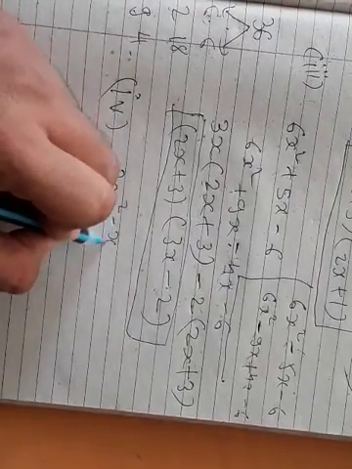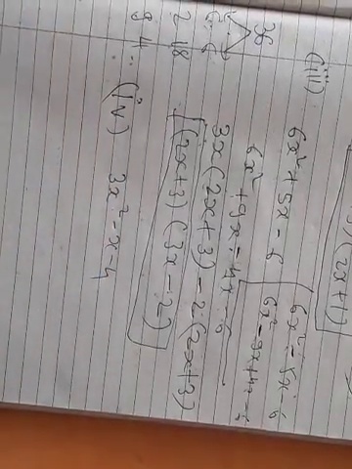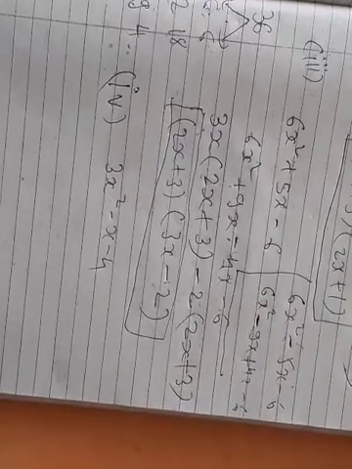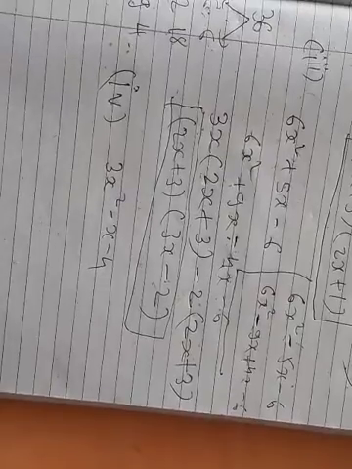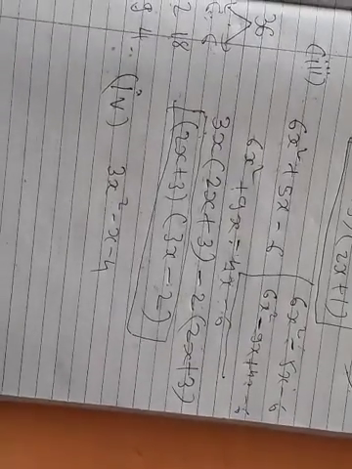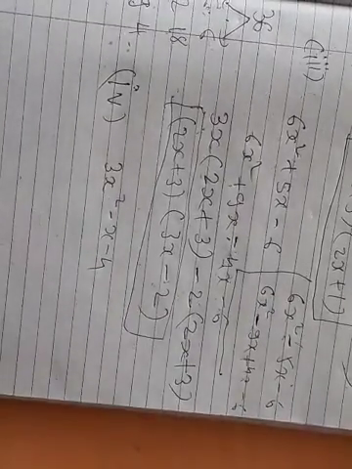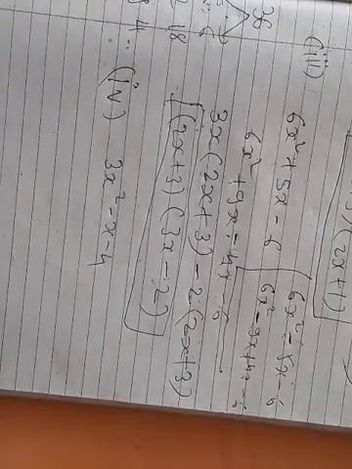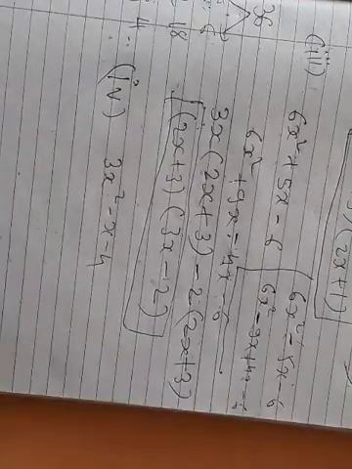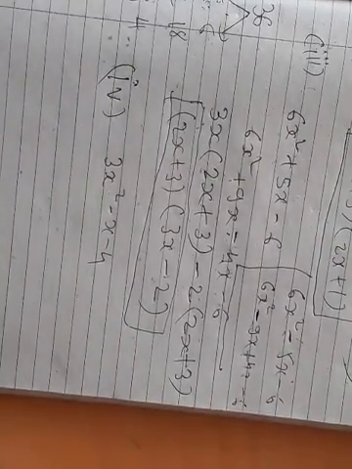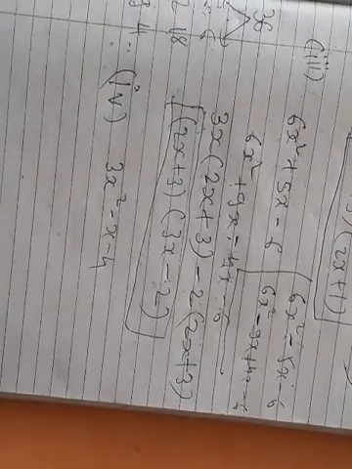Factorize 3x square minus x minus 4. I want you to do this question yourself. Write in the comment section if you find any difficulty solving it, or understanding any question. I will try my best to explain whatever your difficulties are.